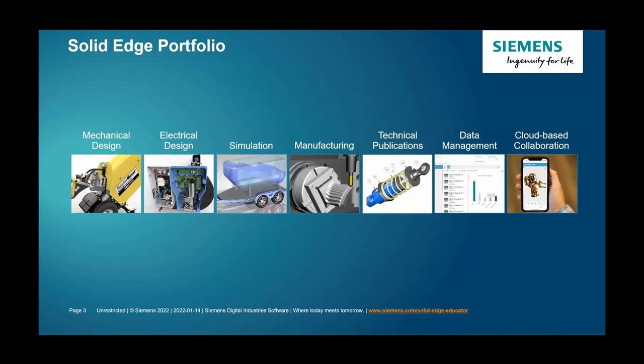They're all part of the Solid Edge portfolio, along with technical publications, data management. And, no matter how small or big you are, cloud-based collaboration is very important these days. So today we will just focus on the mechanical design portion, and more specifically, the 2D design and drafting.